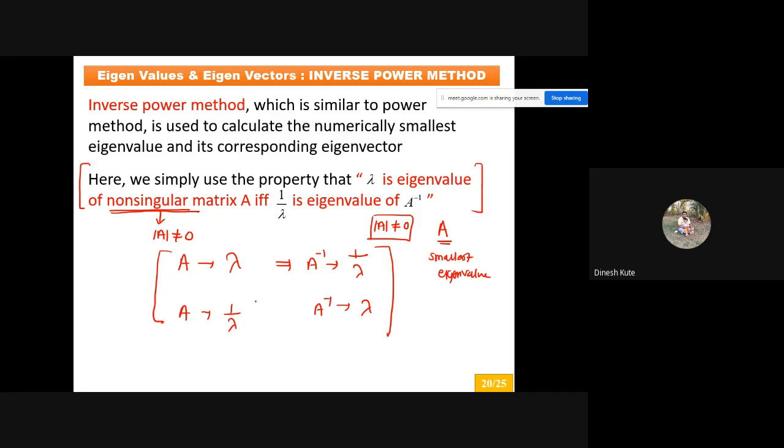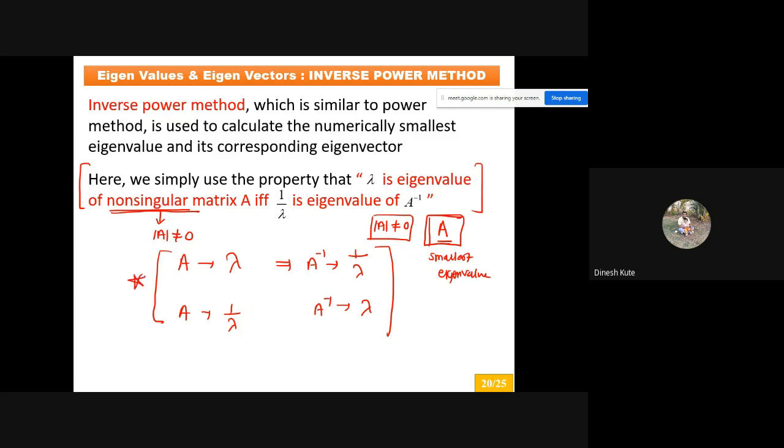Using this, can anyone tell me how we find the smallest eigenvalue of matrix A using the power method itself? How do you find the smallest eigenvalue of matrix A? This is an open question for all. I have already given you the hint. Anyone, can you try?